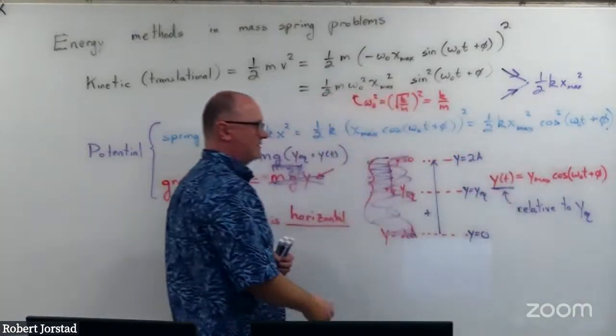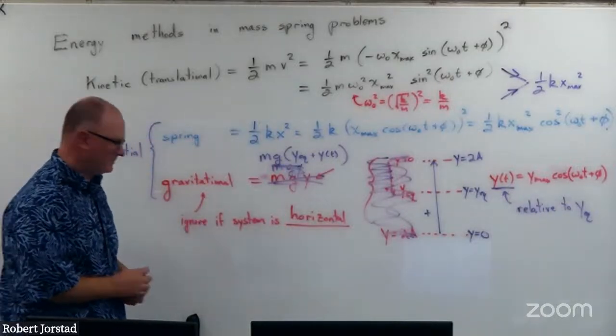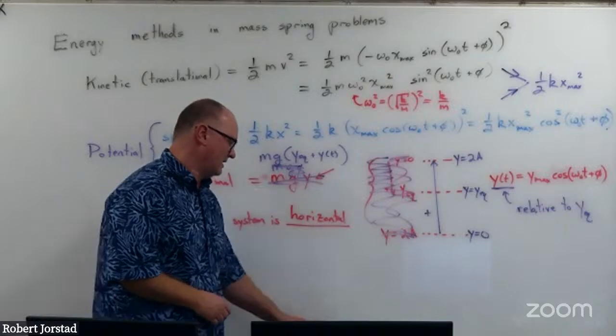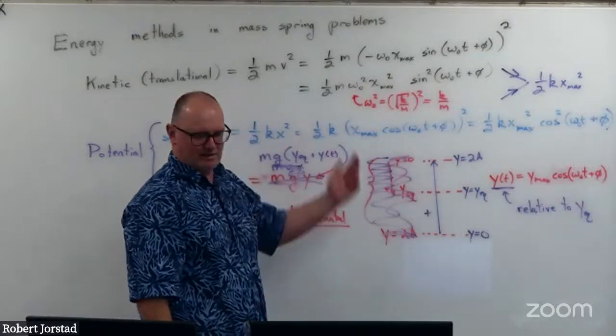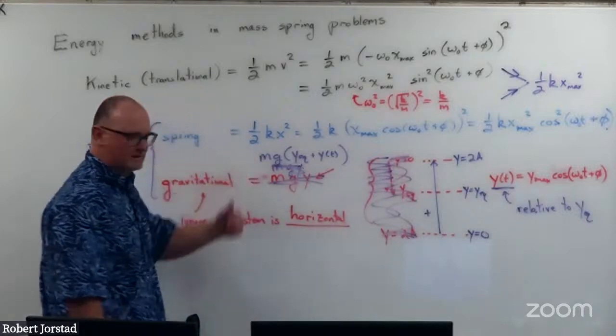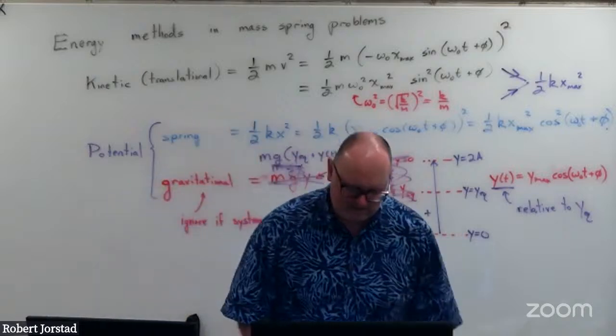And then you have some, possibly some gravitational energy that gets in there as well. All right. But we know energy is conserved. A vertical mass spring system gets a little bit trickier. We've got to account for this Y equilibrium position. I think that's enough for right now.